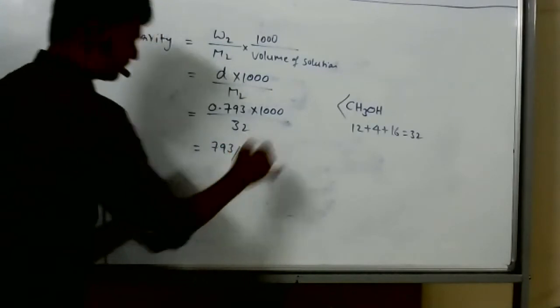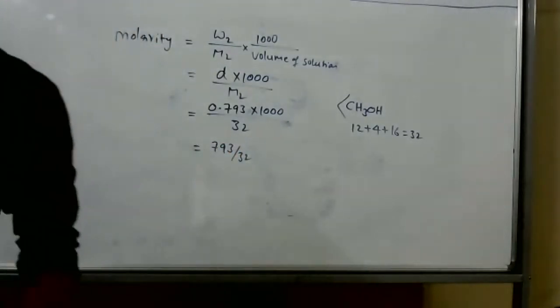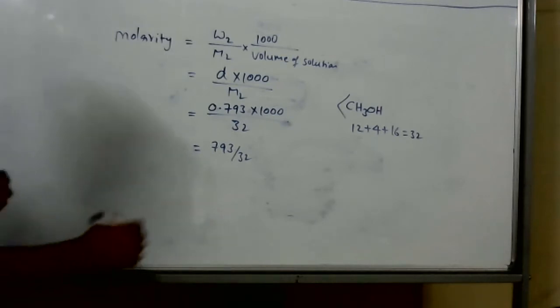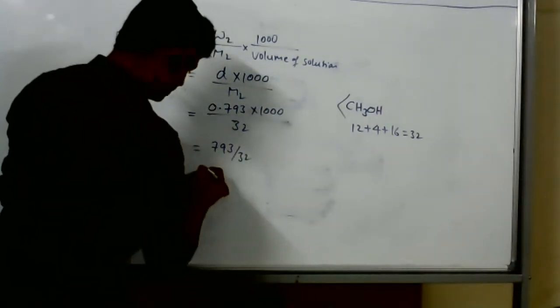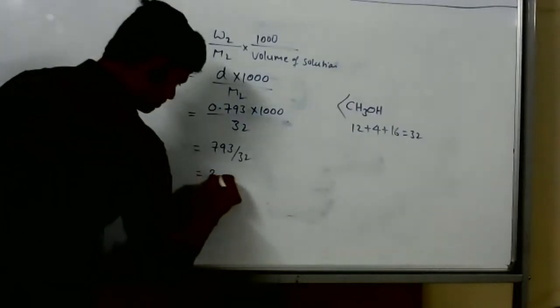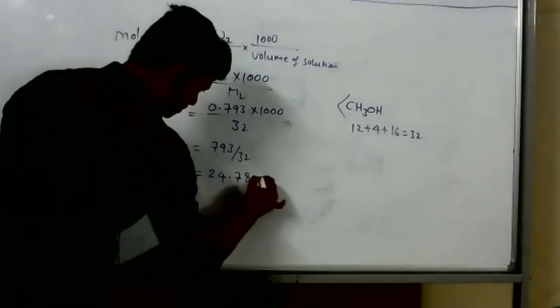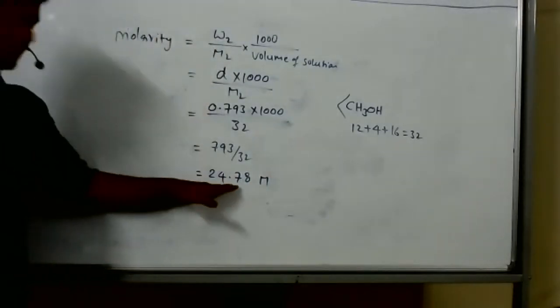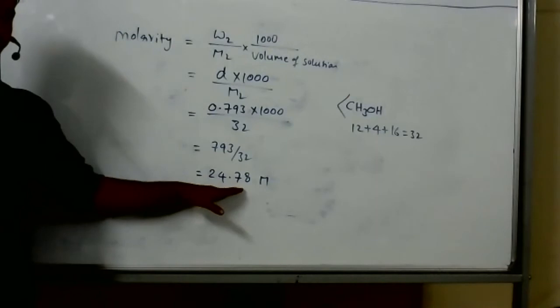Calculate 793 by 32. Sir, it is 24.78. So the given methanol concentration is this much, 24.78.